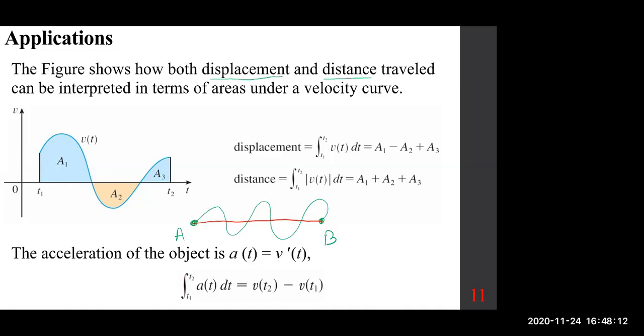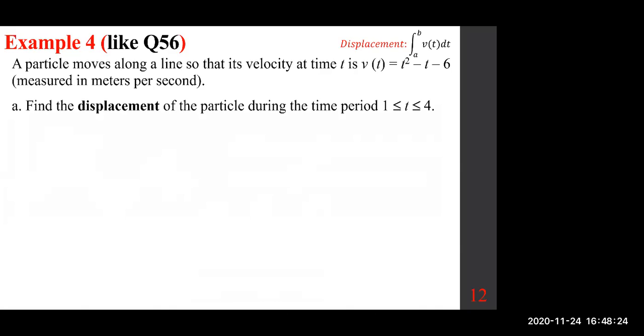You're just simply going from point A to point B. That is your displacement. And of course, acceleration, if you remember, the derivative of velocity is acceleration, and then the reverse process. So let's take a look at an example of this. We are given the velocity function v equals t squared minus t minus 6.